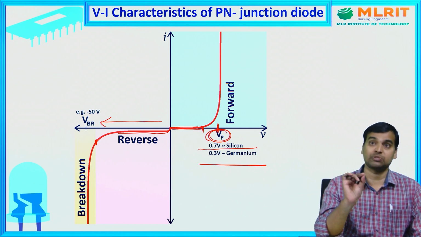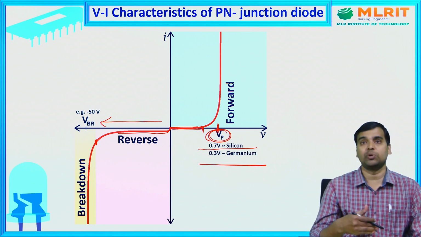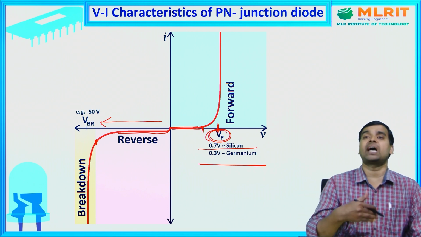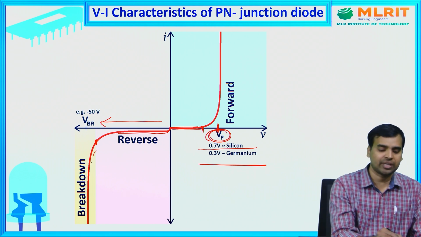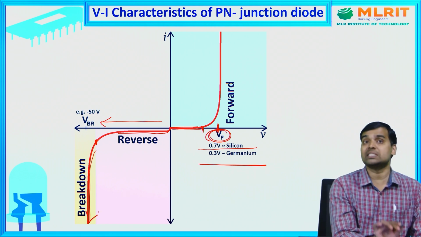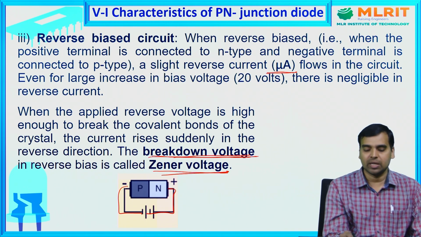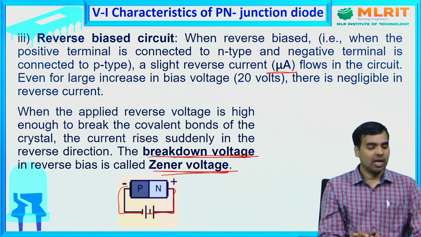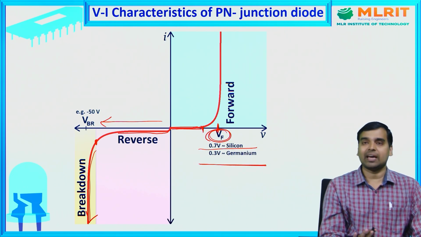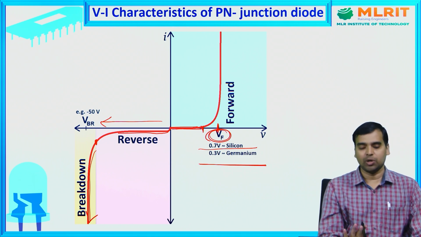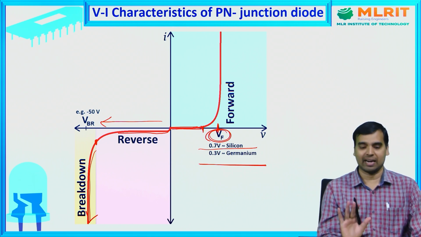Due to these lattice vibrations, free charge carriers are going to be generated. Whenever free charge carriers are generated, there exists large current flow, though the PN junction diode is connected in reverse bias. That voltage is called breakdown voltage or Zener voltage. These are the VI characteristics of PN junction diode. I hope it's clear about VI characteristics.